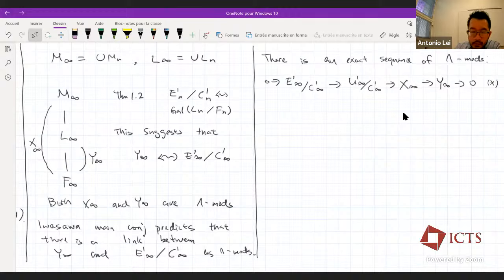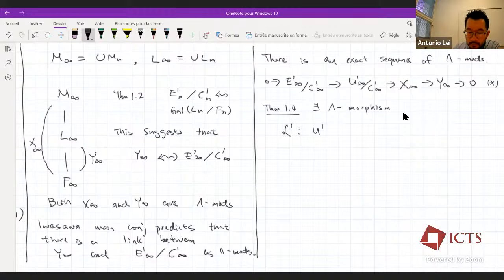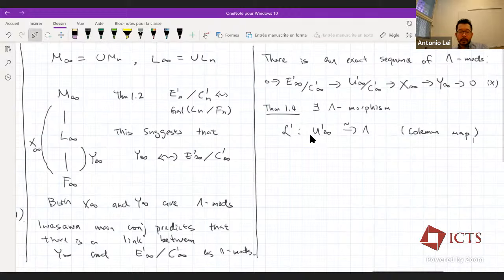In order to explain this, I want to tell you another result, which says that there's a Lambda morphism, which I will write as L_1, which goes from the local units to Lambda. This is called the Coleman map. It allows you to convert norm-compatible local units to elements in the Iwasawa algebra.